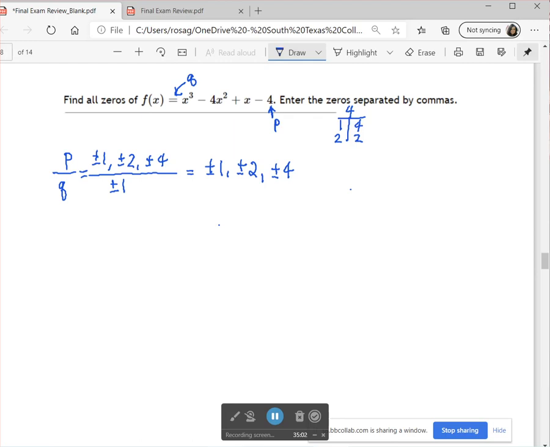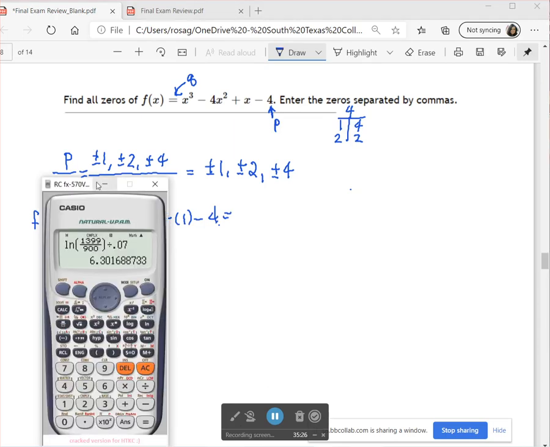What we're going to use this for is to test it out. So what you do is you start plugging those numbers into the function until you find one that gives you 0. So let's say I try 1. When I put 1 into the function, what do I get?